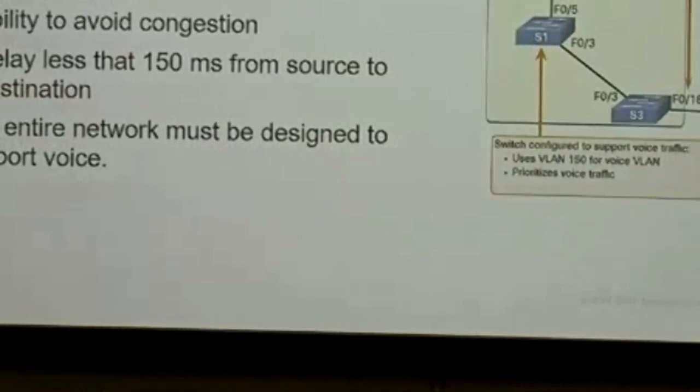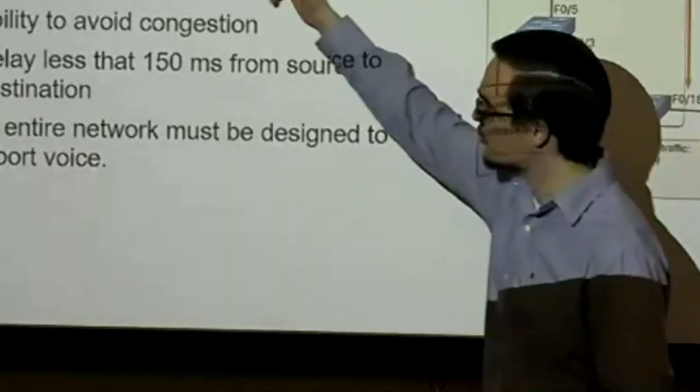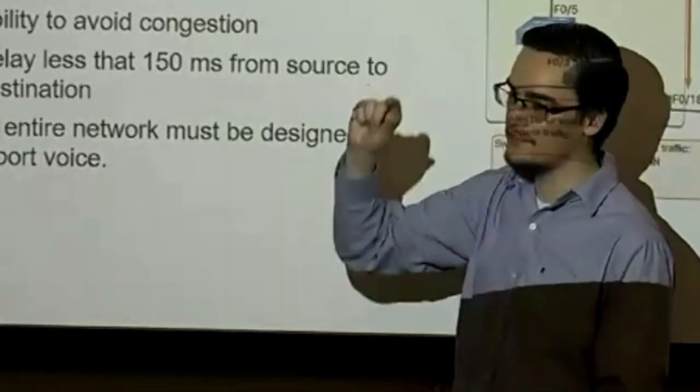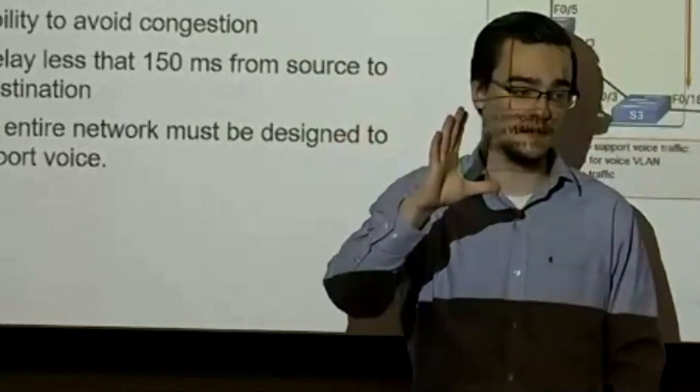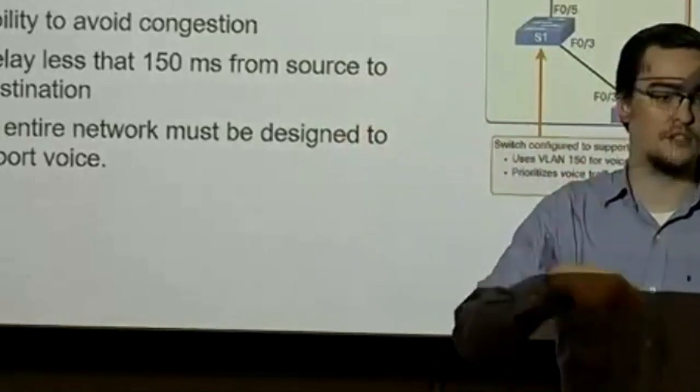Okay. The voice VLAN. With other vendors, they might do this differently. The voice VLAN is just a special VLAN. It's a regular VLAN that's pre-configured with things like assured bandwidth, so a minimum amount of open pipe is always going to be there when someone starts a call.